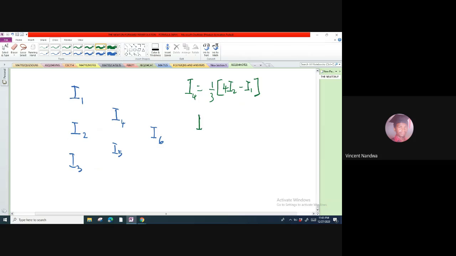And then I5 is a third into 4 I3 minus I2. And then I6 will be a third into 4 I5 minus I4.